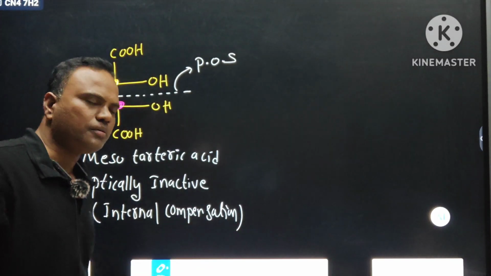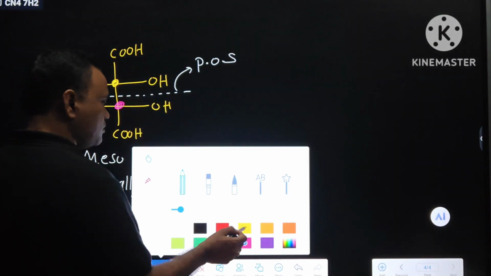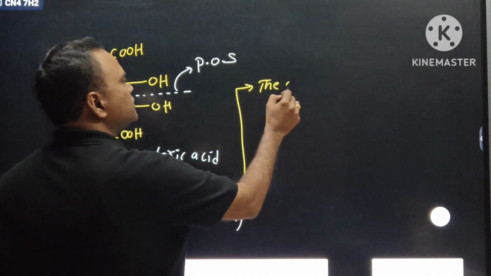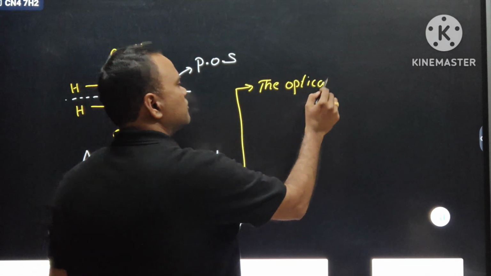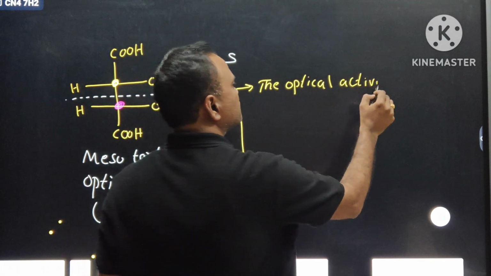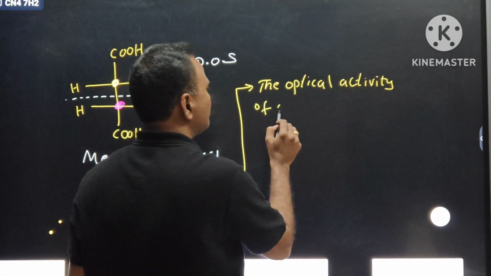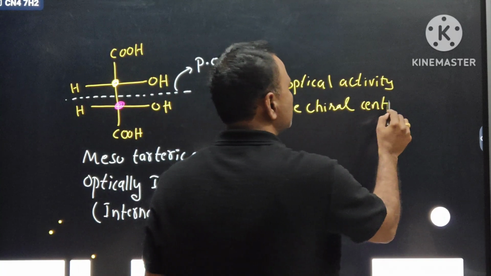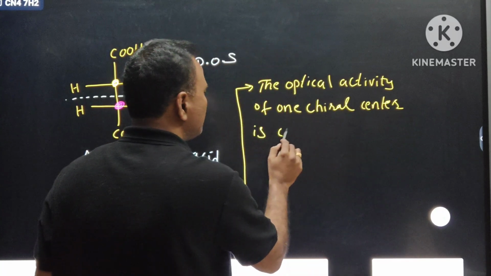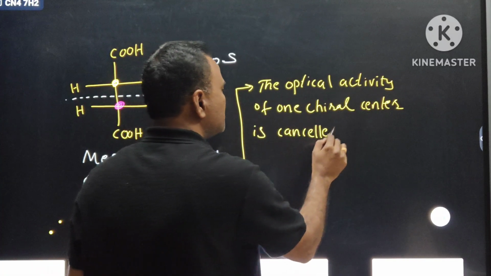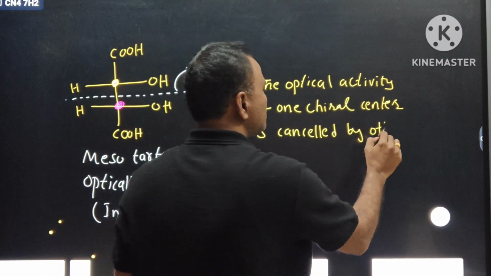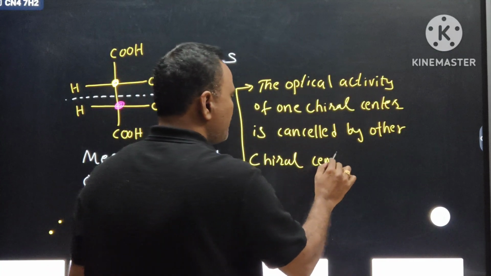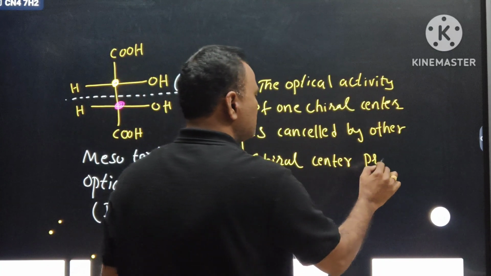Note down internal compensation. If you want, you can note down what it is: the optical activity of one chiral center is cancelled by the other chiral center present in the same molecule.